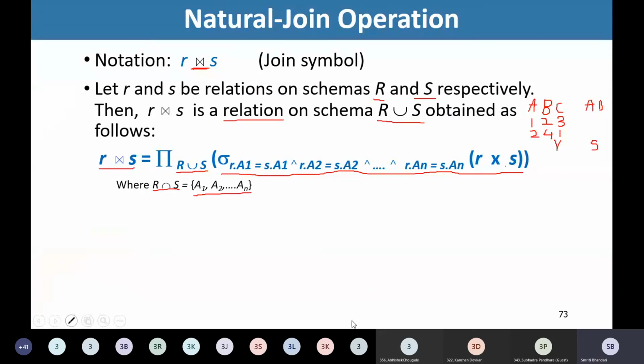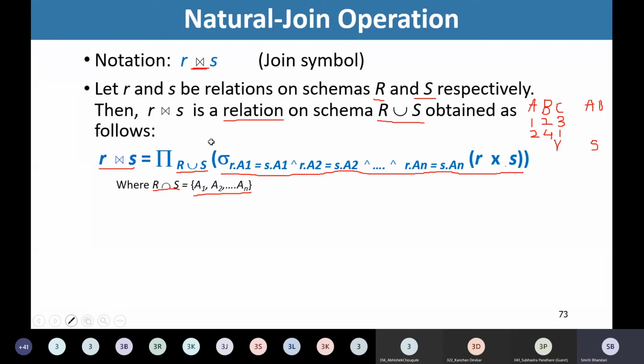or rather I'll go to Excel once again to demonstrate this. Let us assume that we are having capital R as A, B, C with 3 attributes.